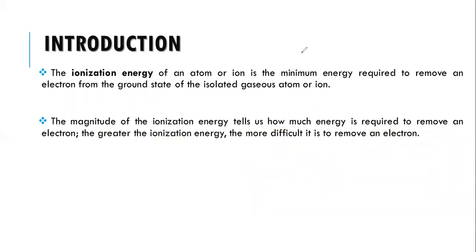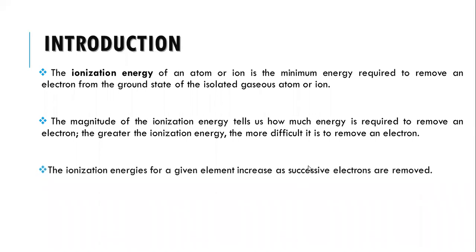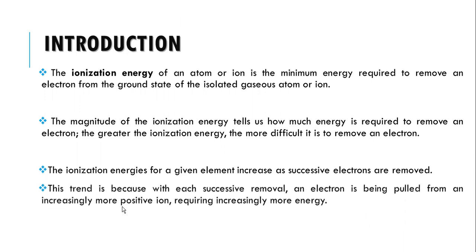So according to this, we'll go for the next point. The ionization energy for a given element increases as successive electrons are removed. This trend is because with each successive removal, an electron is being pulled from an increasingly more positive ion and requires increasingly more energy.